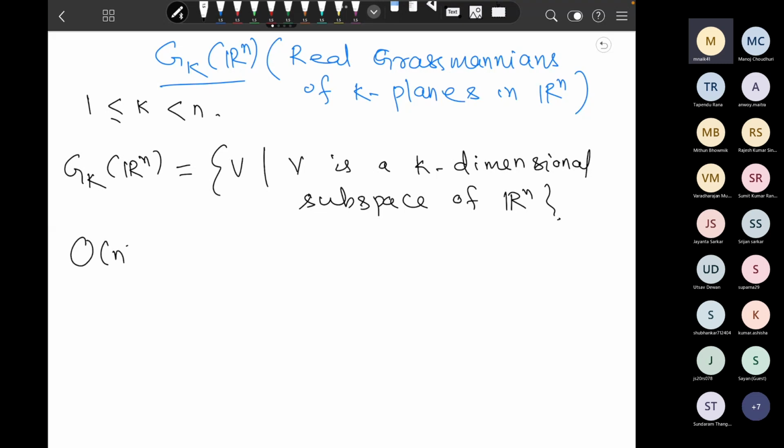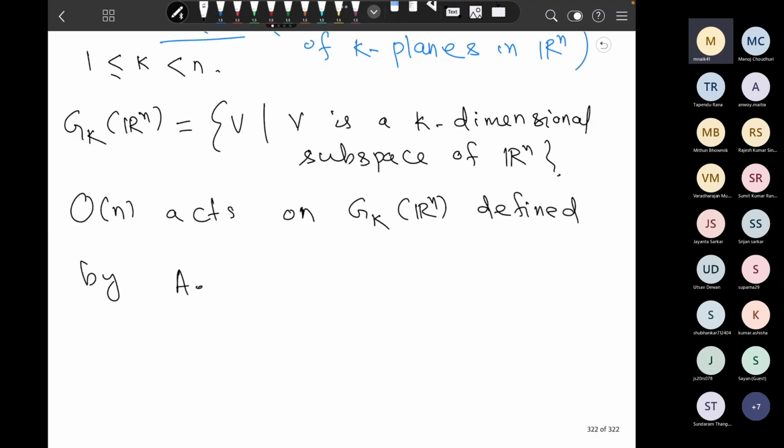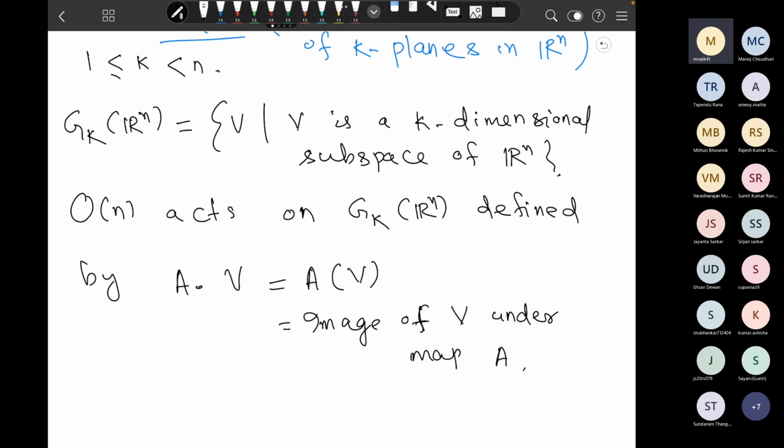Now the orthogonal group O(n) acts on G(k, R^n), defined by A dot V equal to A(V), where A(V) is the image of V under the map A. Here I am taking A belonging to O(n) and V belonging to G(k, R^n). You can check that this defines a group action.